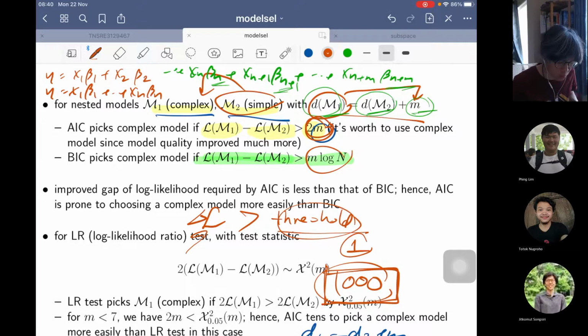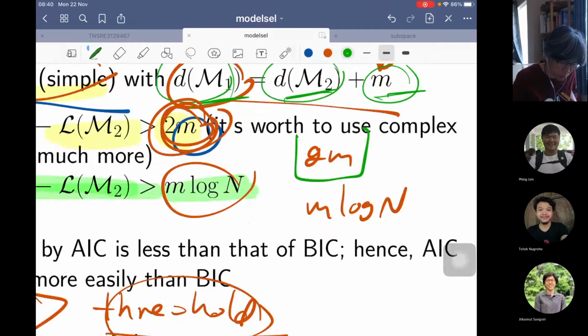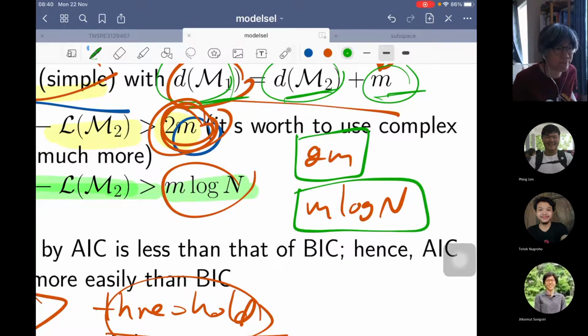All right, we can use it this way to compare. When we compare the threshold of 2m from AIC and the threshold of m log n from BIC, which value is bigger? In practice, m log n is typically bigger than 2m, right?